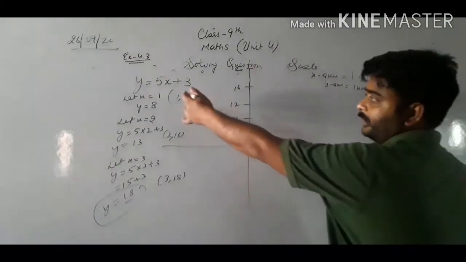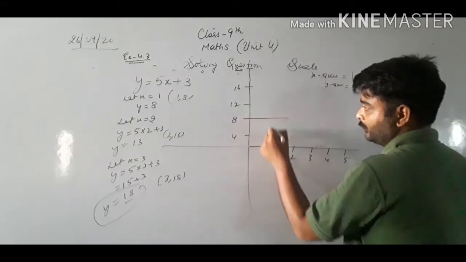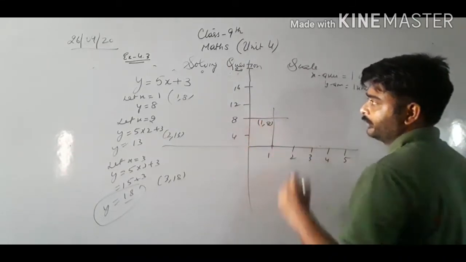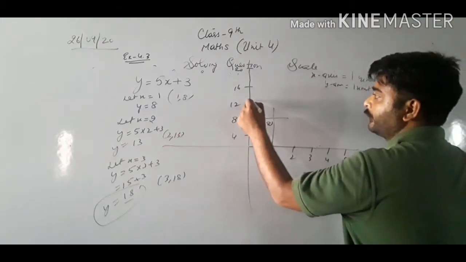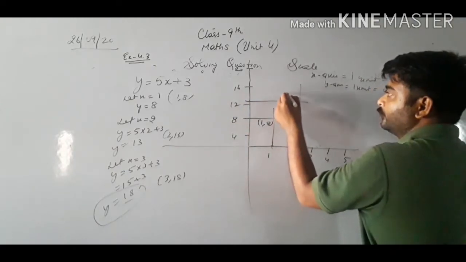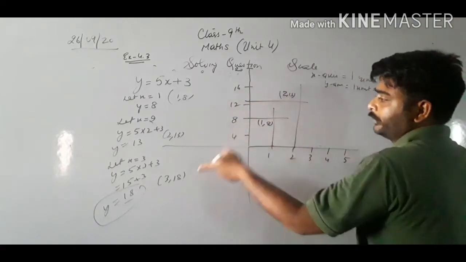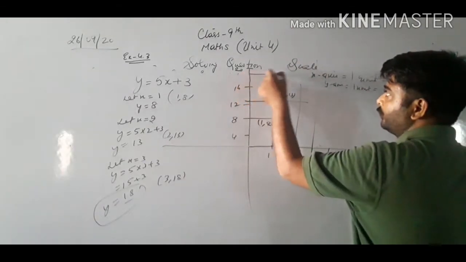Now class, the first coordinate is 1, 8. Other coordinate is 2, 13. This is 2 and 13 is nearby out here. Now the other is 3, 18, so 18 is near about it.